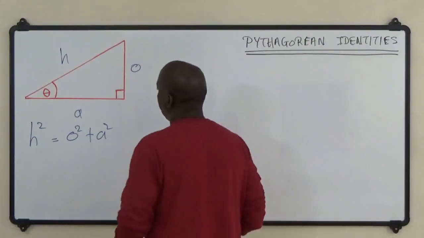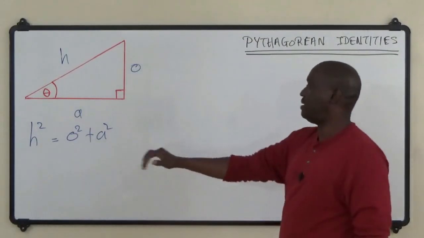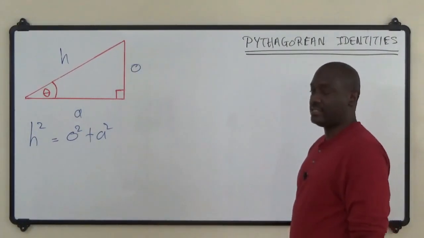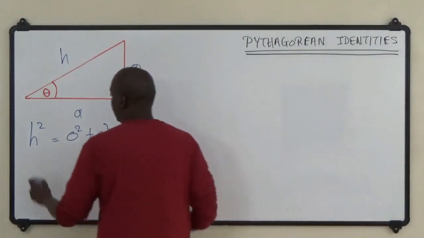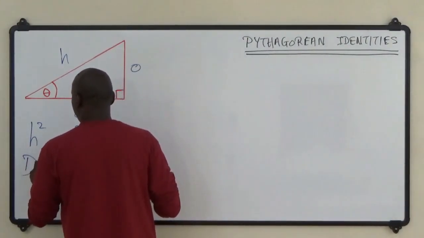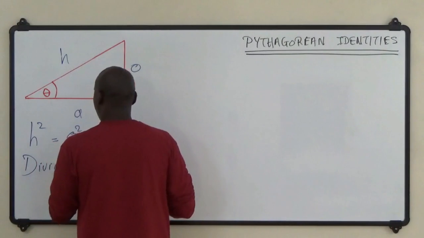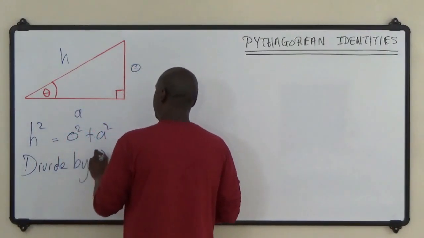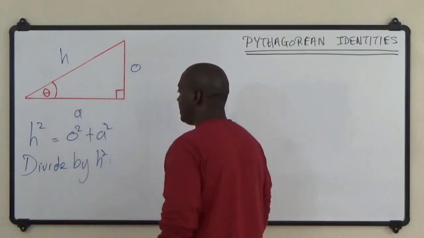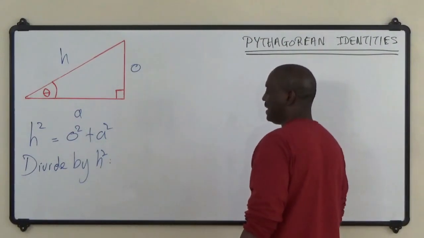So let us start by dividing this entire equation by h squared. You divide the entire equation by h squared, and what do you get?